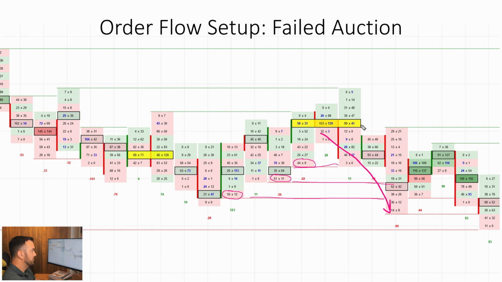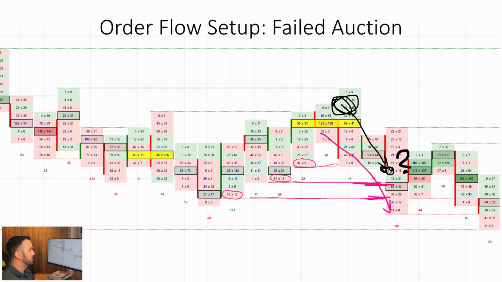So let's say, just for the sake of this example, that you are short from this place and you are wondering whether you should quit the trade in here for some reason. But you see that right here there is a failed auction, below that there's another failed auction.